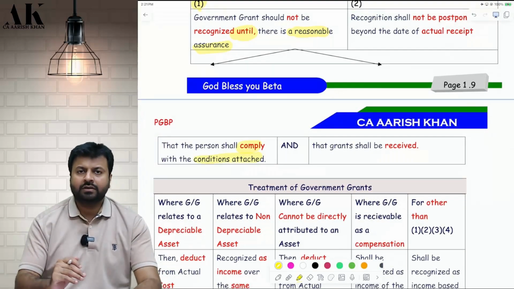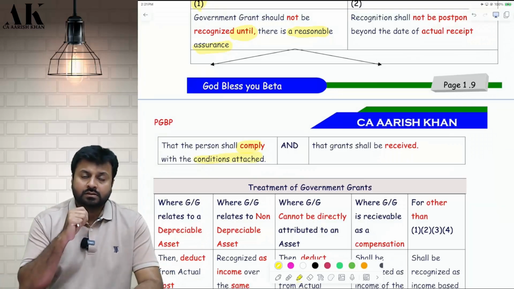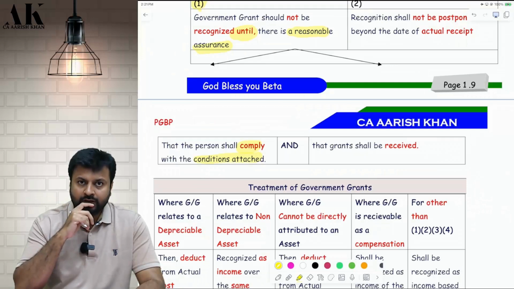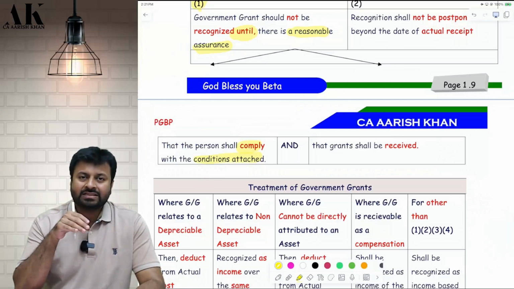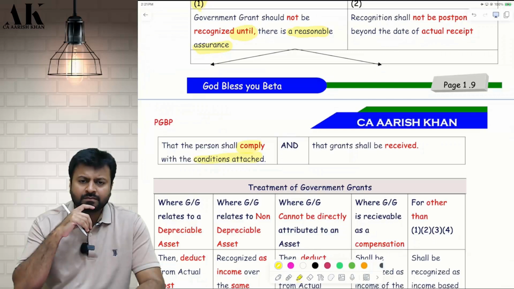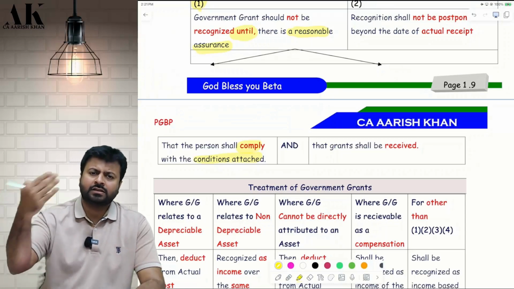See, when government will give you grant, government will attach some conditions to the grant. Say government is giving you 100 crore rupees. They are not giving you 100 crore rupees unconditional. They will attach some conditions. So as and when you feel that you will comply with the conditions, you can recognize. If you feel that it is not my cup of tea to comply, then don't recognize until and unless it is received by you.